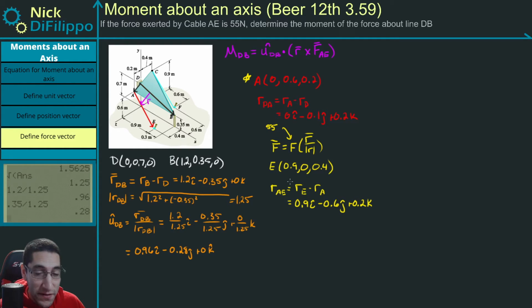So that is that position vector. The magnitude of this position vector is equal to the square root of the different terms here. So 0.9 squared plus minus 0.6 squared plus 0.2 squared.